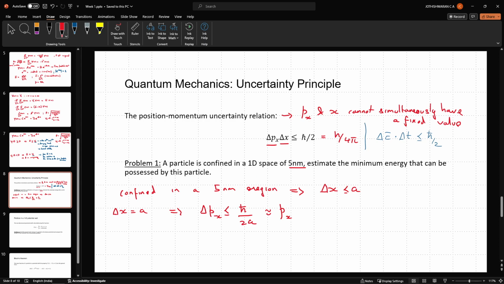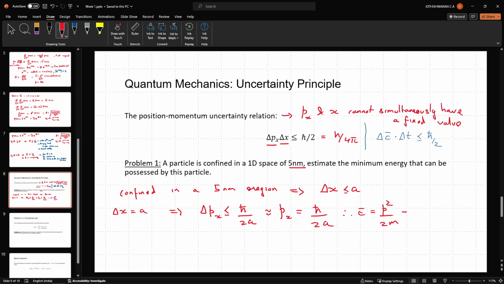Now, if that is the case, then I can take the maximum allowed deviation of the momentum to be the value of the momentum itself. So this is equal to h bar upon 2a. This is P. Now, as discussed before, E is given by P squared upon 2m.